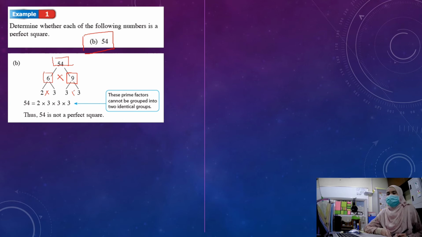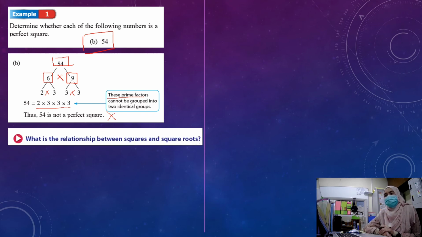We already reached the prime factors here, which is 2, 3, 3 and 3. 54 equals 2 multiplied by 3 multiplied by 3 multiplied by 3. These prime factors cannot be grouped into two identical groups. Thus, 54 is not a perfect square.